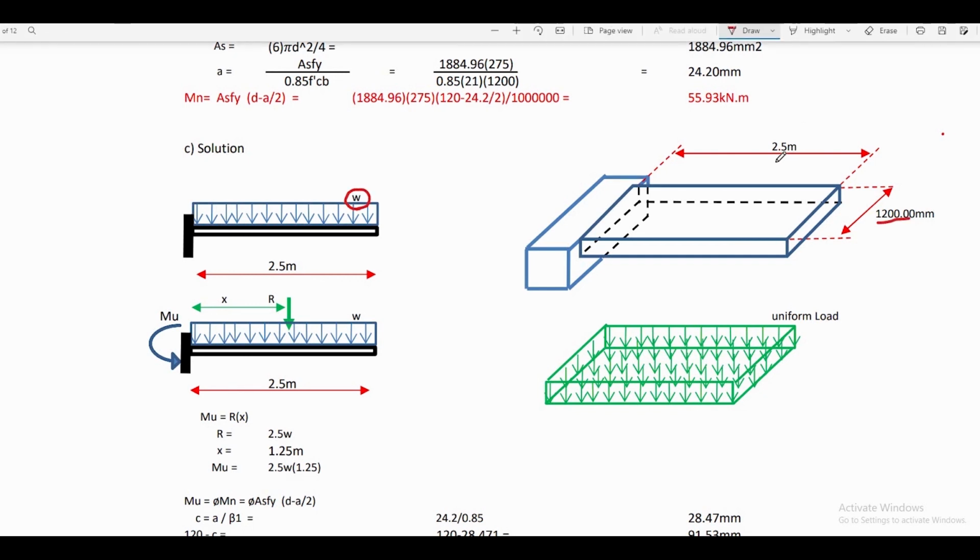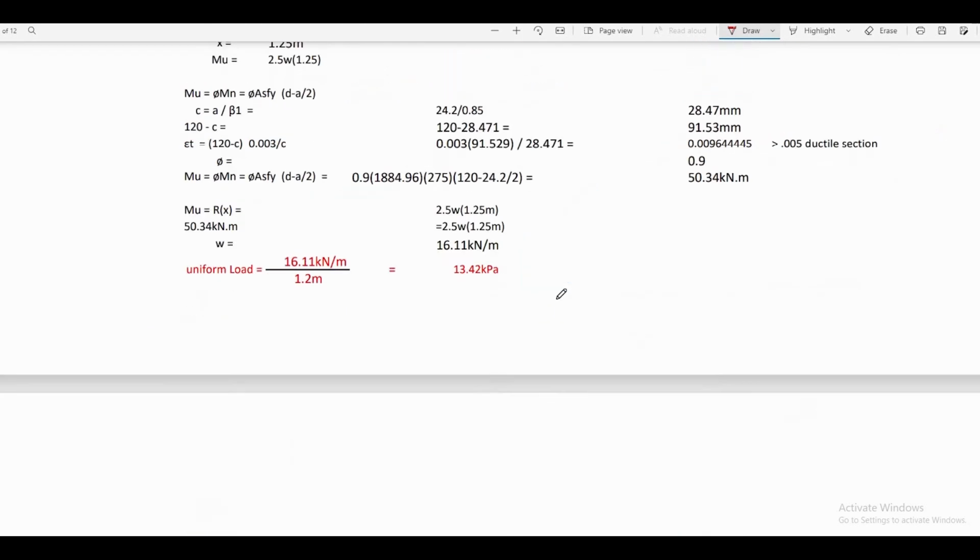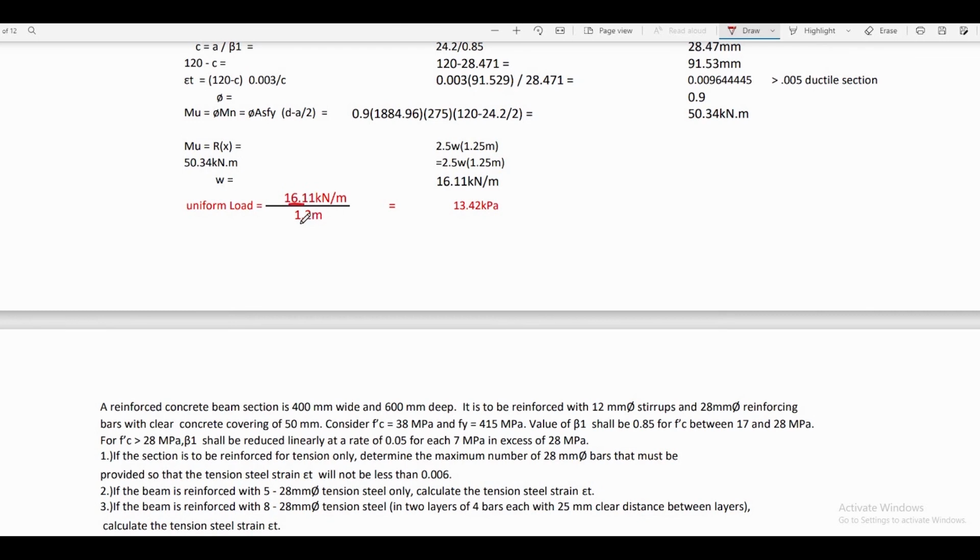Since our cantilever slab has a length of 2.5 meters and a width of 1.2 meters, if we divide the 16.11 kilonewton per meter by 1.2 meters, it will be loaded uniformly on top of the slab shown in this figure. So we will now divide 16.11 by 1.2 meters, and we have the uniform load on top of the slab equal to 13.42 kilopascal.